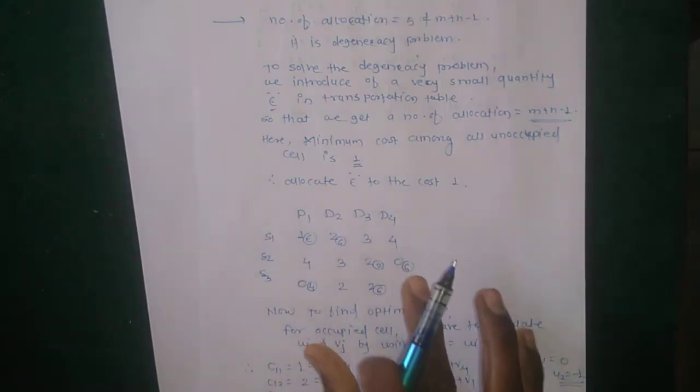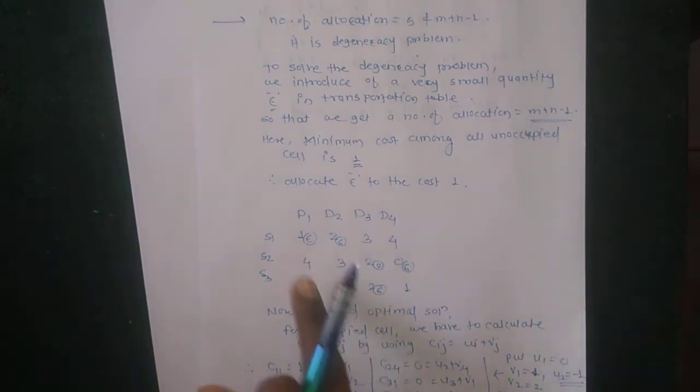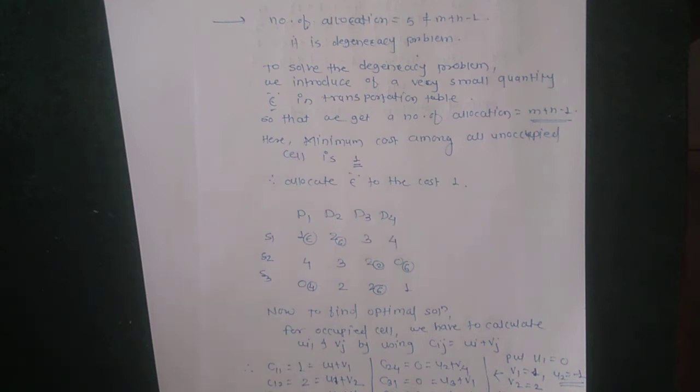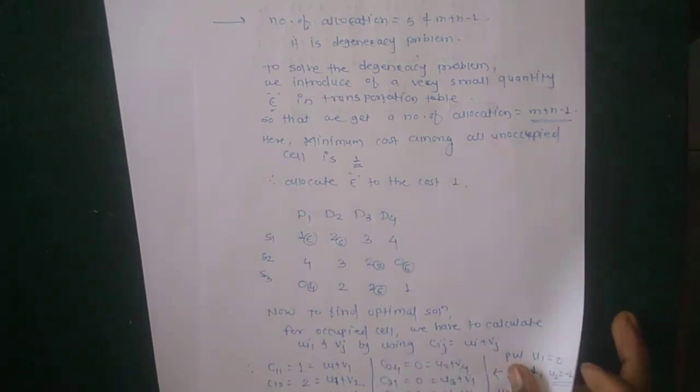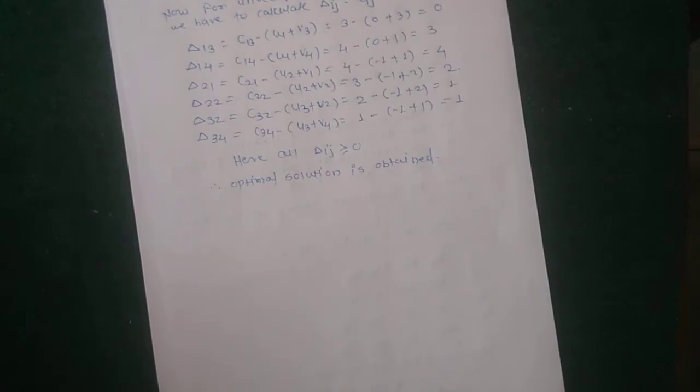This is one allocation set, and another allocation set also exists. Then we say that the given problem has an alternative optimal solution, and the cost is the same for both sets of allocation.